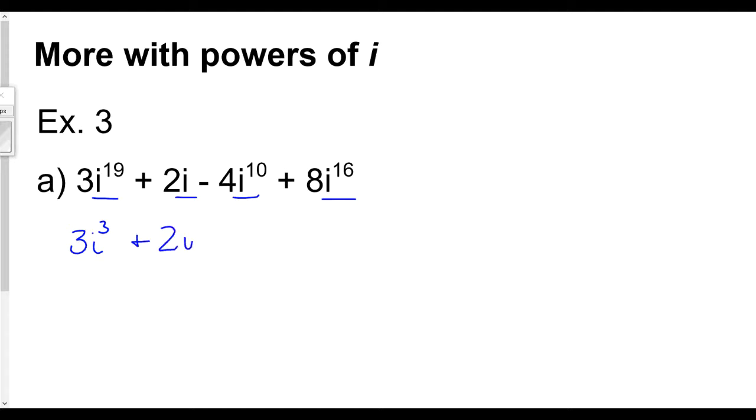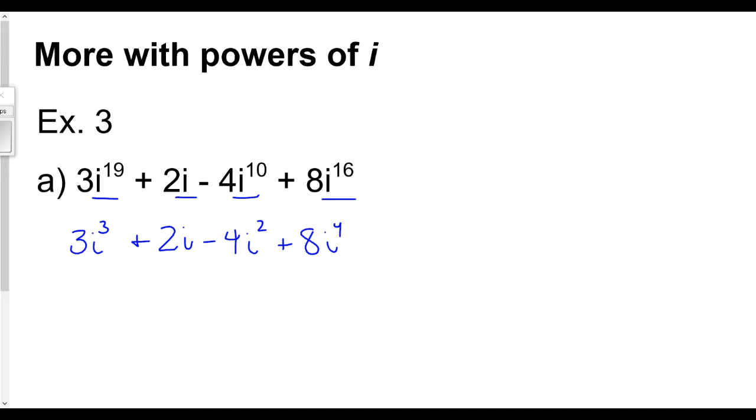Then I have minus 4, but what's i to the 10th? 10 divided by 4 gives us 2.5, so that's the same thing as i squared, because 0.5 is the same as 2/4. At the end we have 8, and 16 divided by 4 gives us a remainder of 0, so that's the same thing as i to the 4th.